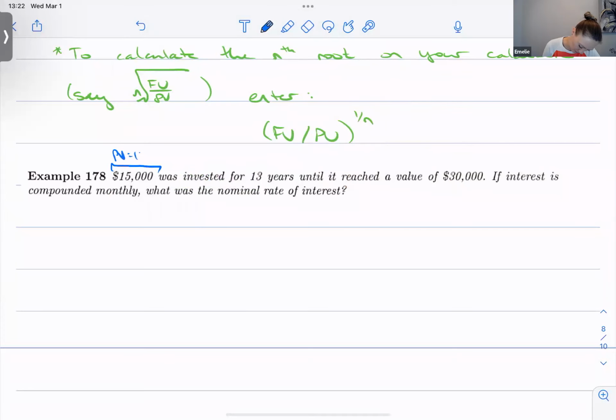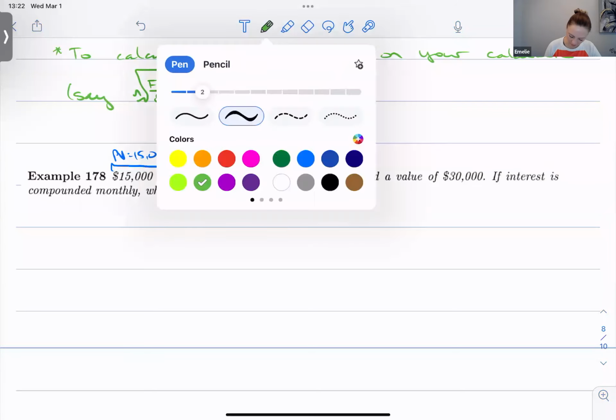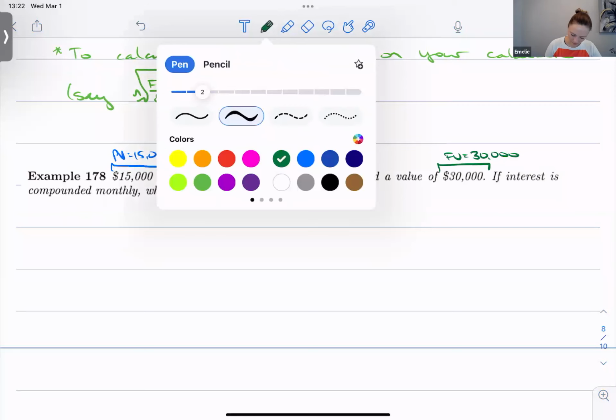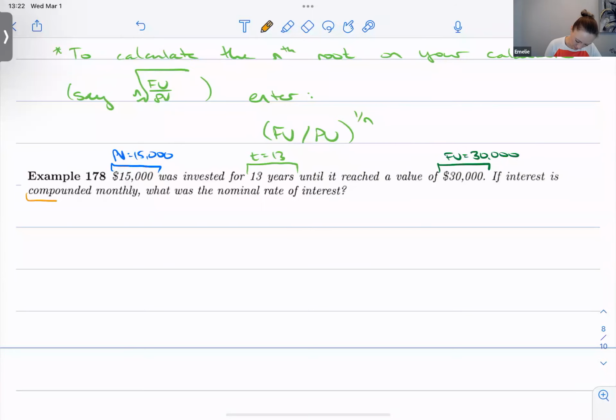The present value was 15,000. t is 13 years, so that's good. It's already in years. The future value is 30,000. It's compounded monthly, which means the frequency is 12, right?